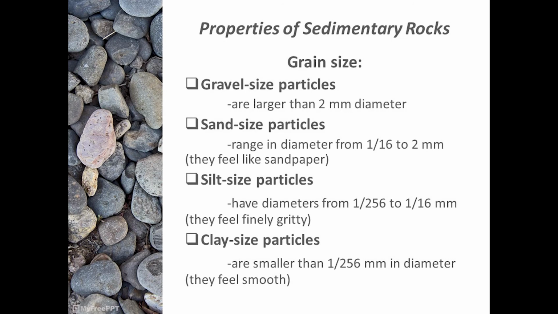Next is the grain size. Clastic sediments are distinguished on the basis of average grain size. Gravel-sized particles are larger than 2 mm in diameter.